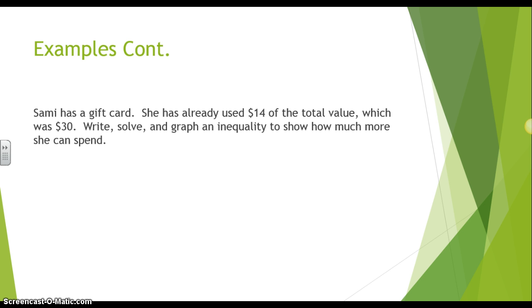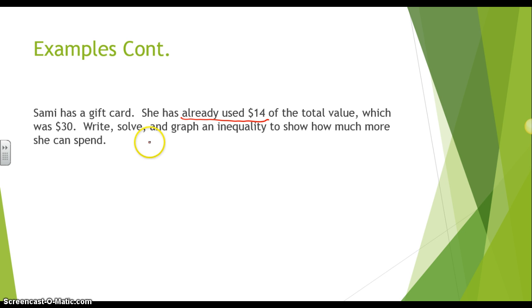Here we have a story problem. Sammy has a gift card. She has already used $14 of the total value, which was $30. Write, solve, and graph an inequality to show how much more she can spend. So let's first write out an inequality. If she has already used $14 of the total, which was $30, how can we write this as a math problem?